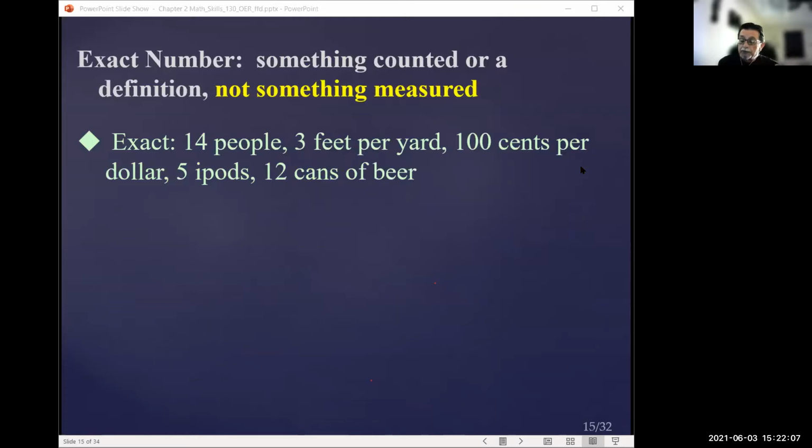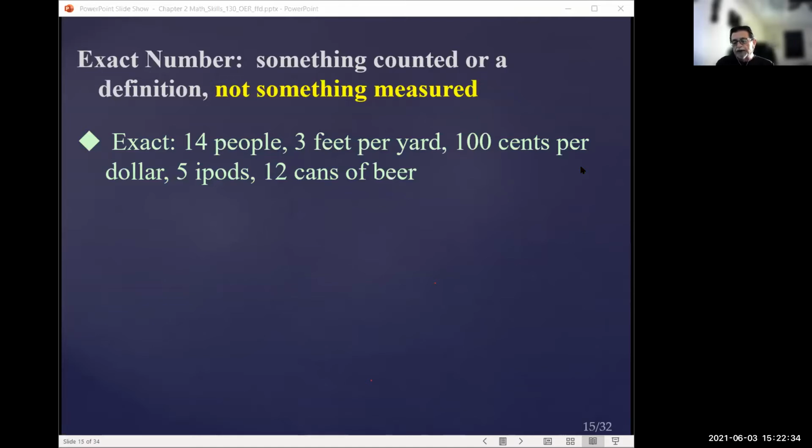All right. Now that brings us to exact numbers. Up to this point, we've been talking about measurements. Remember, measurements are something where you have a ruler, a balance, something to measure volume. There's a degree of uncertainty, but there are what are called exact numbers. There's no measurement there. If you say I got 14 people, it's exactly 14 people.